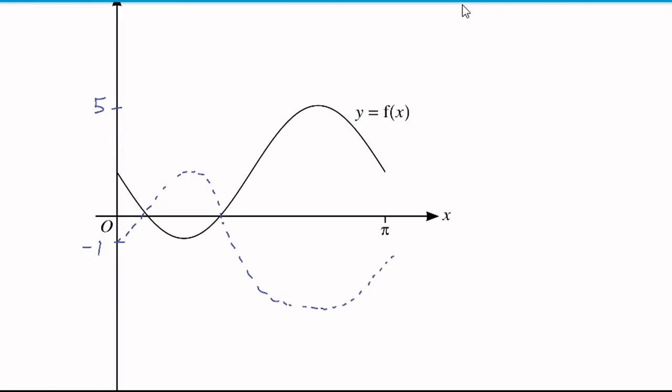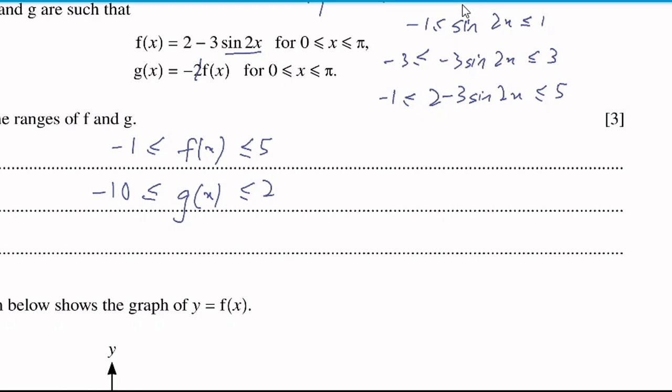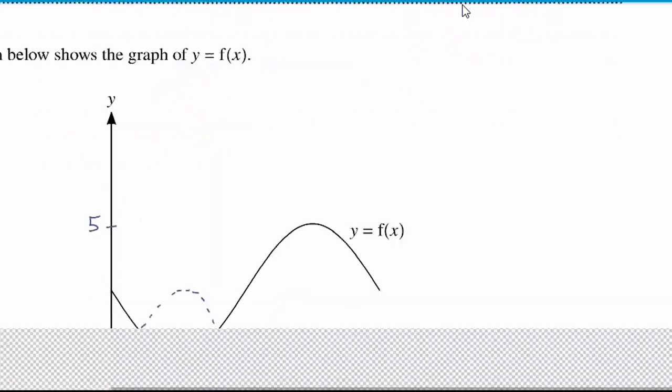So you see, this is the negative f(x). So when we have got a -2f(x), it means that we are taking the double of all the y values that we have here. And also look at the range. It is now becoming -10 to 2.